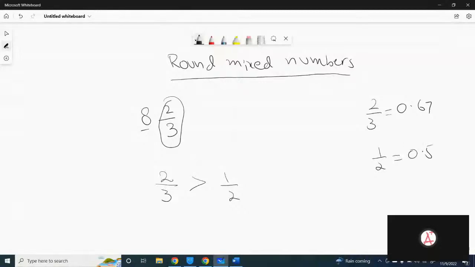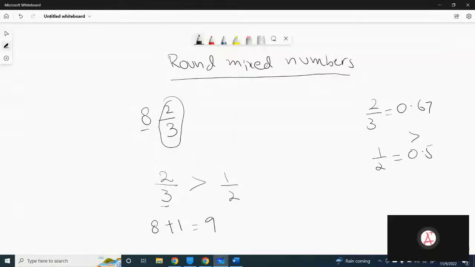So 0.67 is greater than 0.5. Another way is to compare the numerators of both the fractions, and the numerator of this fraction is greater. That means 2 by 3 is greater than 1 over 2. So you have to round up. Round up means just add 1 to the whole number, so it would be rounded off to 9.